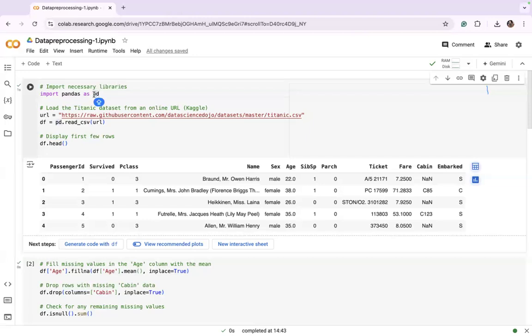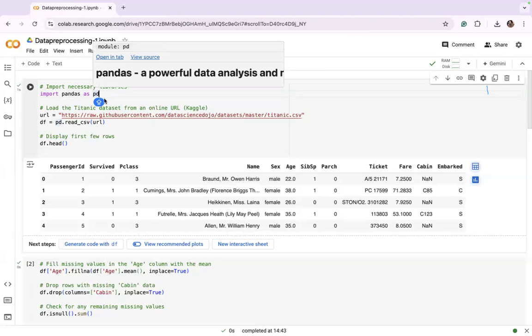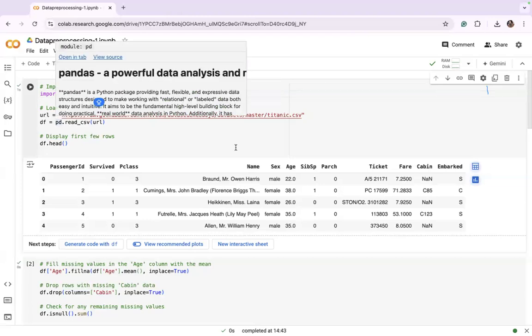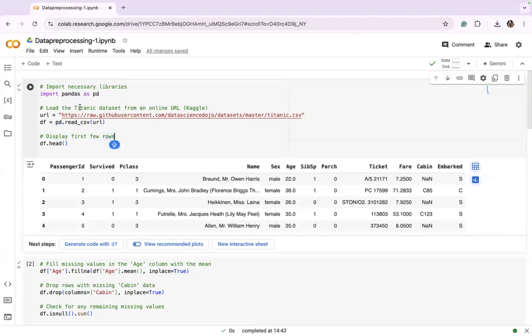PD means one instance of pandas. If I do not write it as pd, then we have to write pandas again and again. Now, if I did not include this part, I would have to write pandas.read_csv. Clear? So this line is clear.